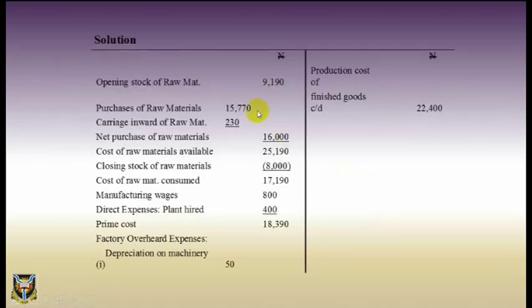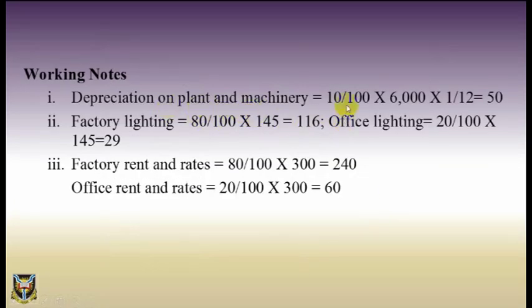1. Depreciation on plant and machinery is equal to 10/100 times 6,000 times 1/12 is equal to 50. 2. Factory lighting is equal to 80/100 times 145 is equal to 116.